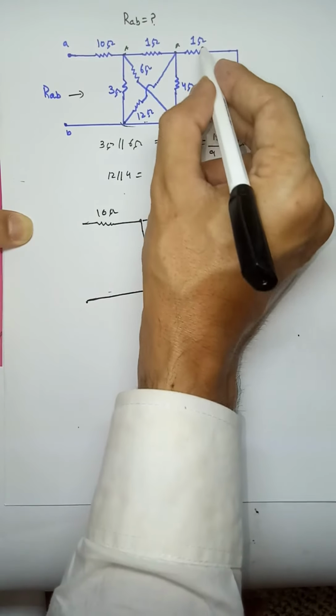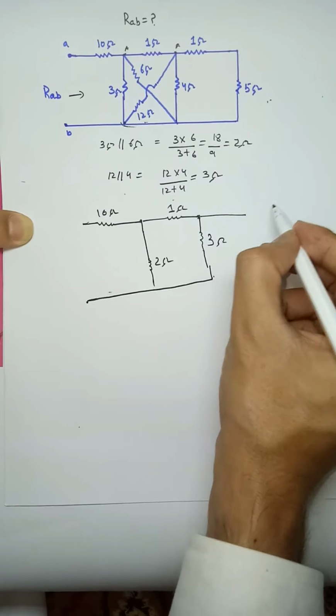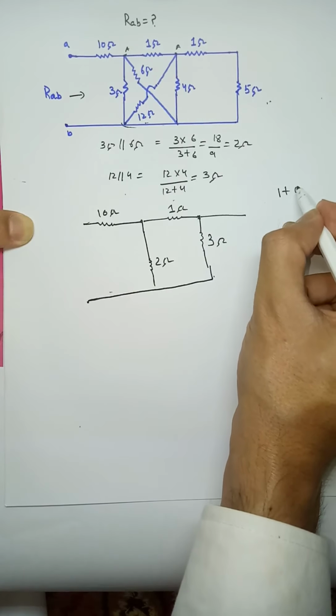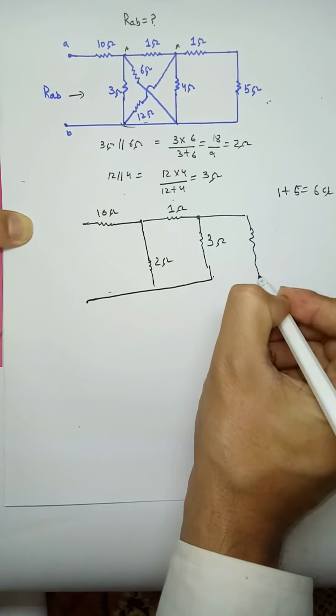And as we know, 1 ohm is in series with 5 ohm, so you can simply add 1 plus 5, 6 ohm, so you can write 6 ohm here.